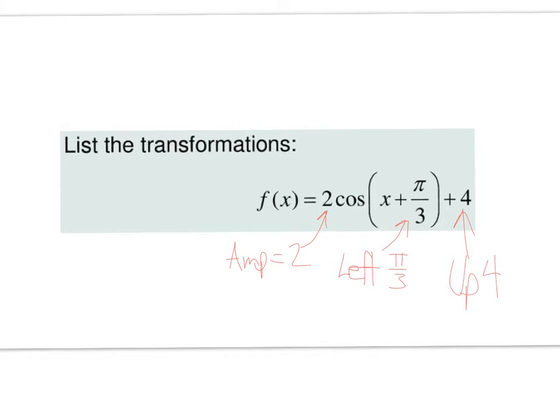Now, we aren't using radians in this class, but it's just another number, so it's pi over 3. I won't have you sketch ones like that, but here's what I was telling you about it seeming like the opposite of what you might think, because with plus, you might want to go positive on the x-axis, but it actually goes the opposite. It goes to the left. Okay?